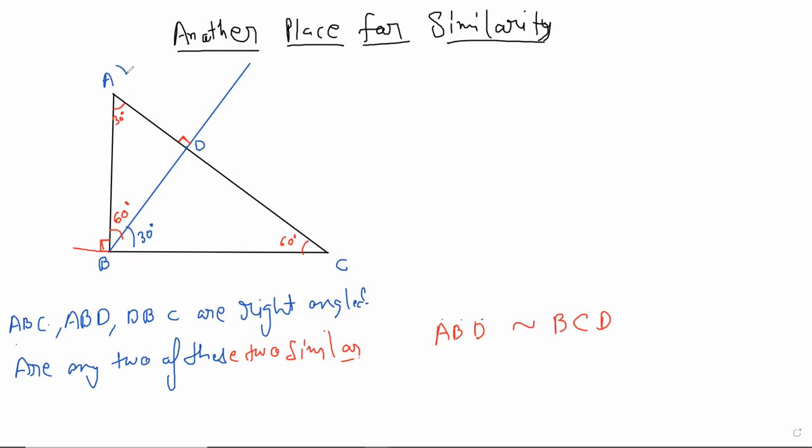Since we are doing this for the first time, we don't have to do it in the fastest way. We can just draw it, right? So this ABD, that's 30, and this is 60. This is ABD, right?